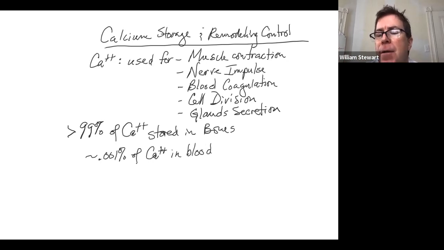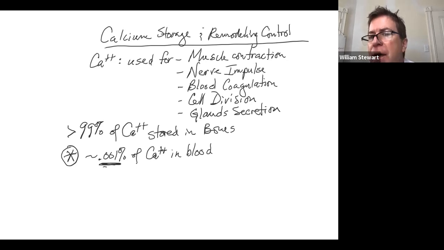So a tiny, tiny bit of calcium is actually circulating around in our blood. The issue is, though, that amount is strictly regulated. That means if this amount fluctuates either too high or too low, it causes feedback mechanisms to occur in the human body. So its concentration in the blood is strictly regulated.